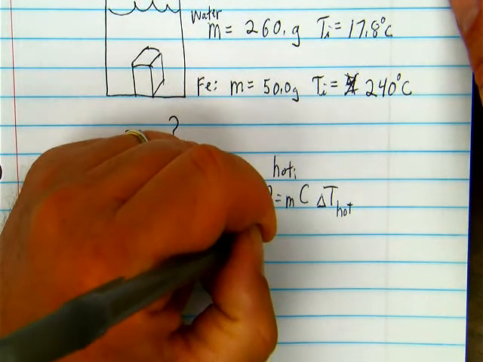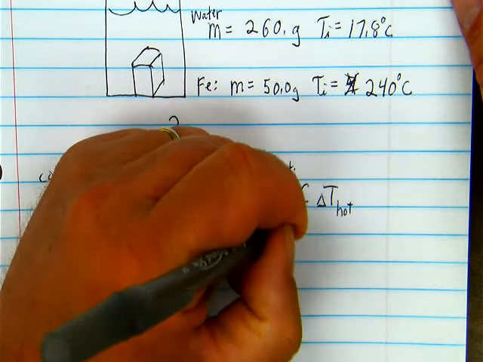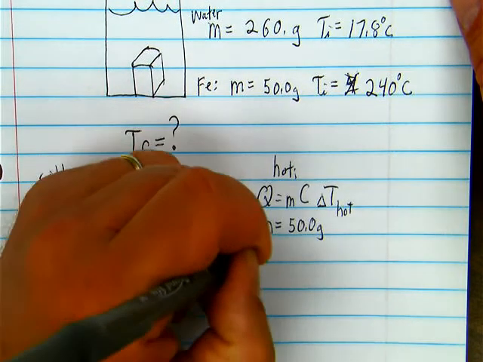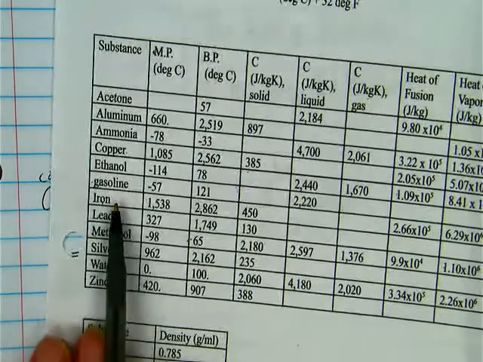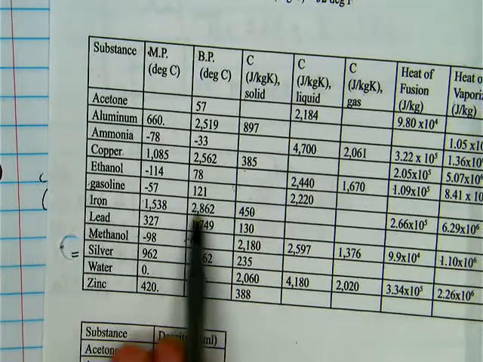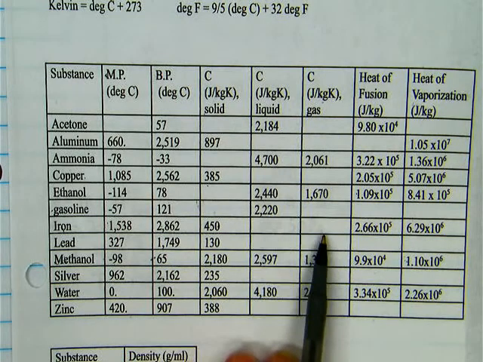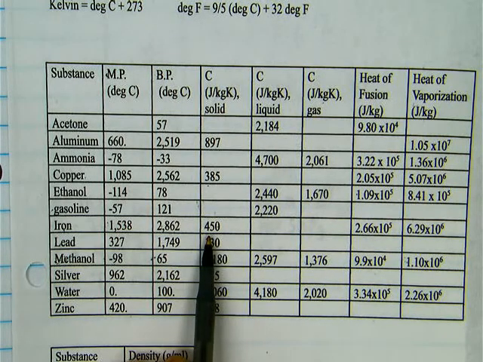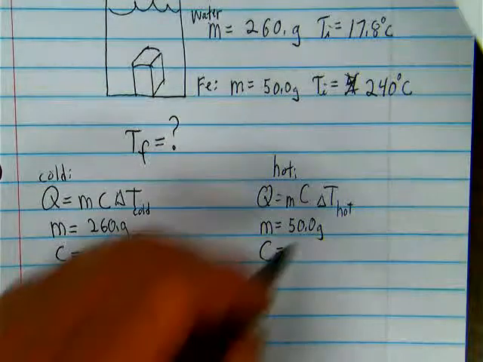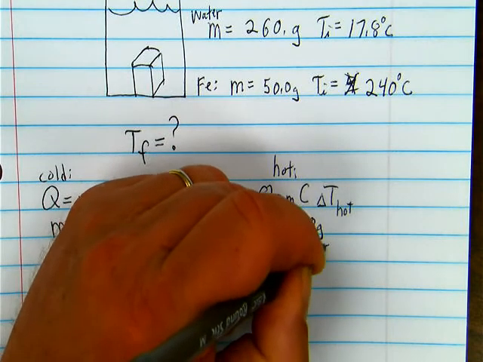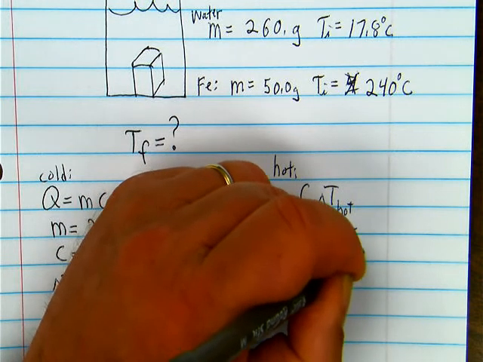The mass of the hot substance is 50 grams. The specific heat of solid iron, on this table, is 450 joules per kilogram per Kelvin. Dividing that by 1,000, I'm going to write down 0.450 joules per gram per degree Celsius.